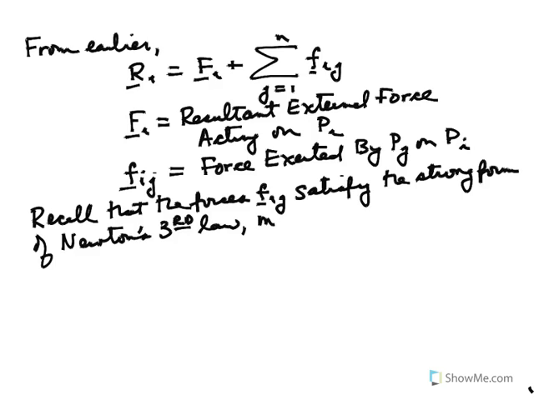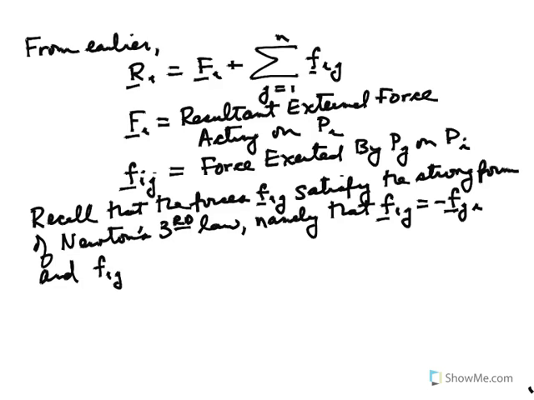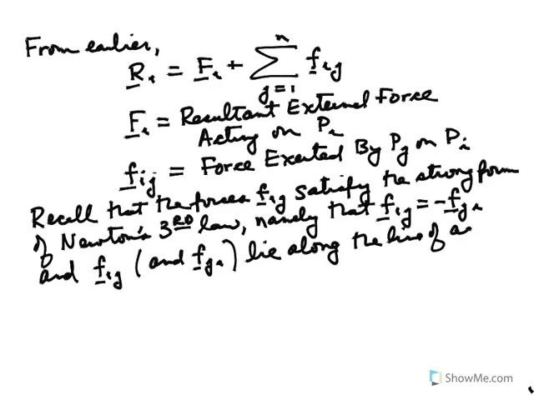Namely, that Fij is equal to minus Fji, and Fij, and of course Fji as well, lie along the line of action between Pi and Pj.